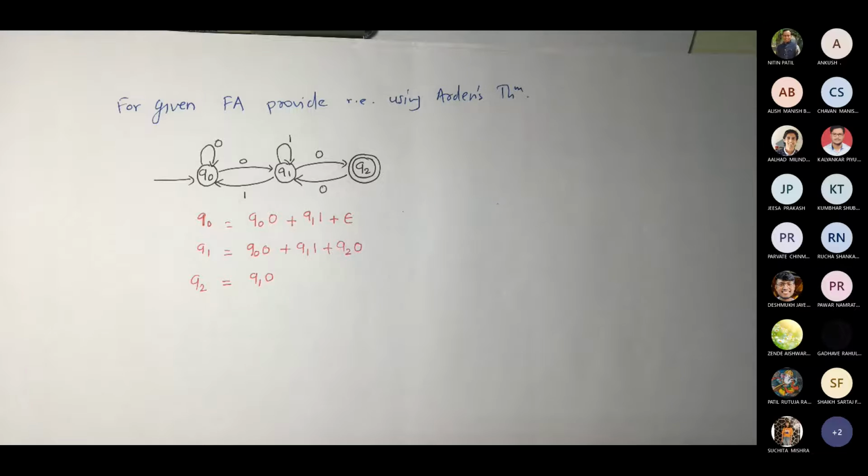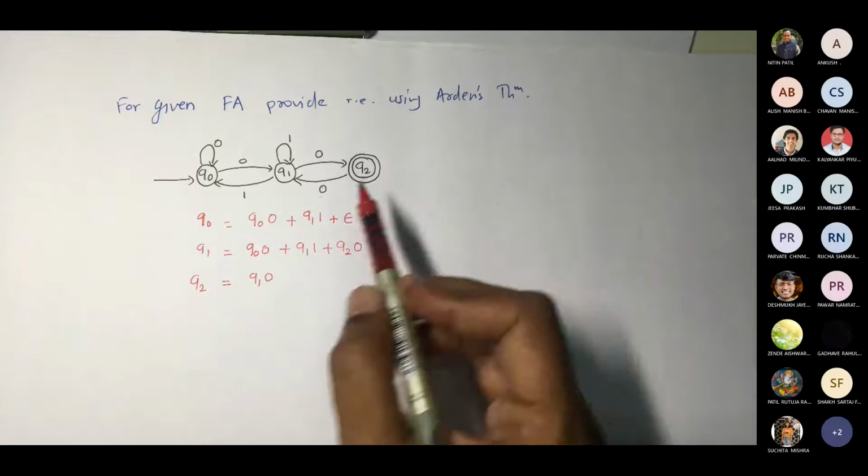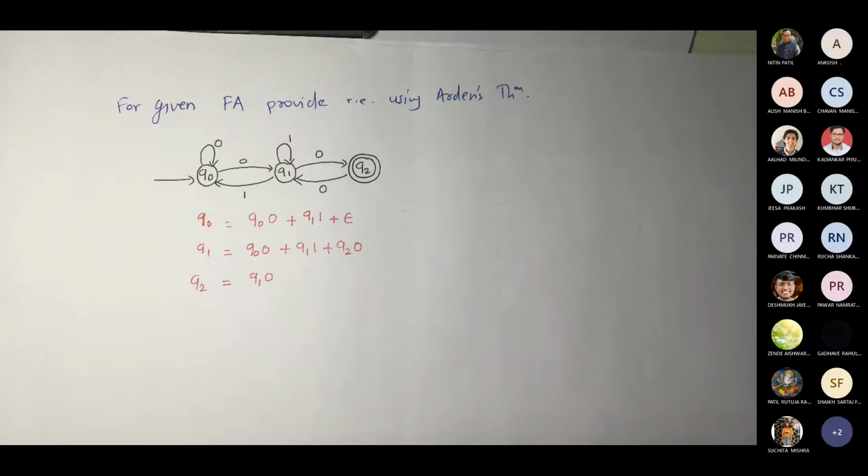Now we are solving the equations. So you have these three. Now which is the final state? Q2. So you have to come up with a regular expression which will be somewhat similar to combinations of 0, 1, star would be included, there would be concatenation and so on, there would be plus.